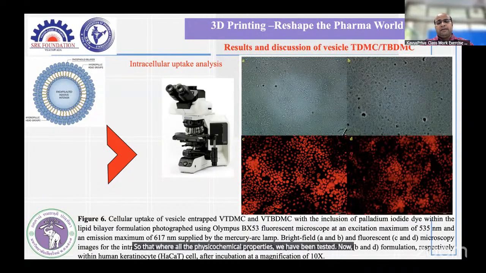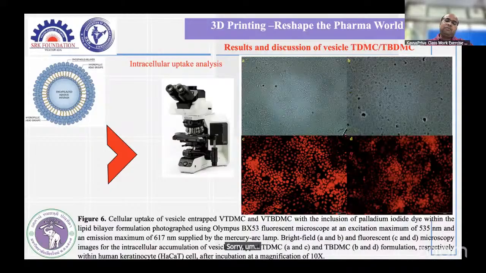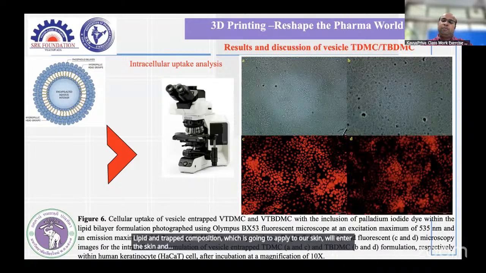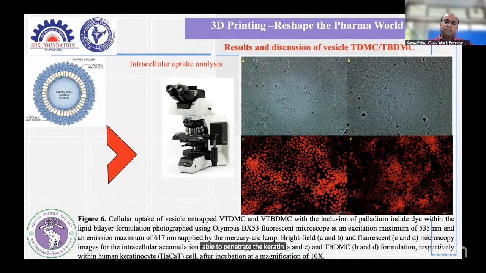Now we came to test the presence of those lipid entrapped compositions which are going to be applied over the skin: will they enter the skin and be able to penetrate the keratinized cells or not?